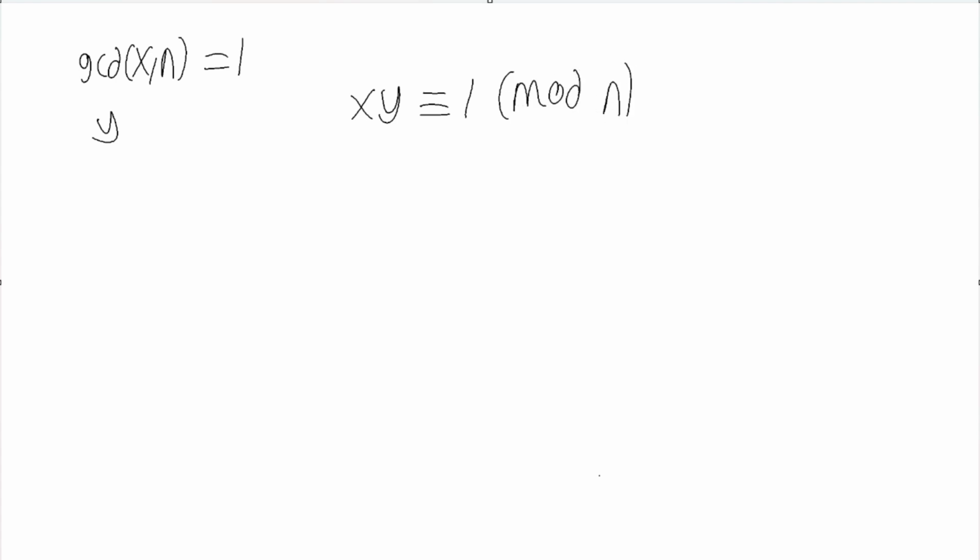So in other words, when we multiply by y, we're basically undoing x, because now we just get 1, which when multiplied by anything is the same thing. So xy is equivalent to 1 mod n. And because two numbers multiply to 1, this reminds us of inverses when we're dealing with other things like real numbers or rational numbers. So we often abbreviate y is equal to x negative 1.